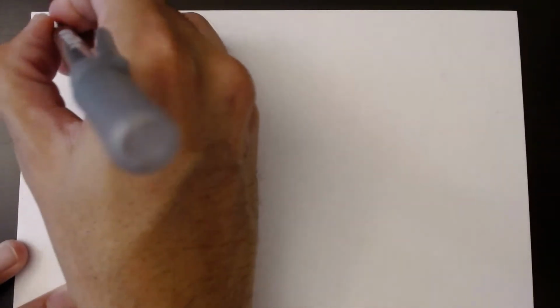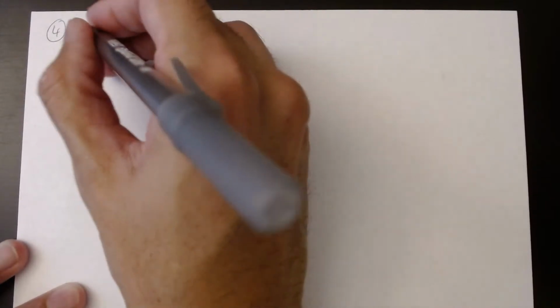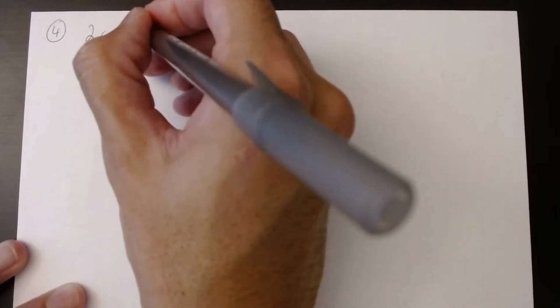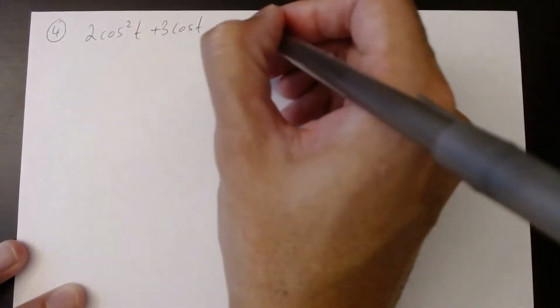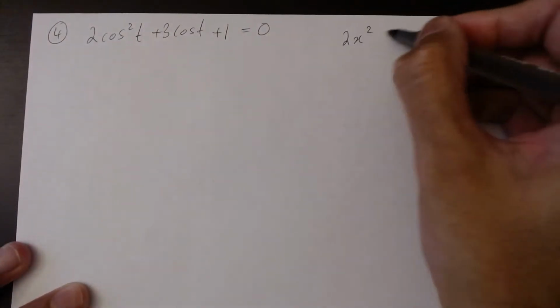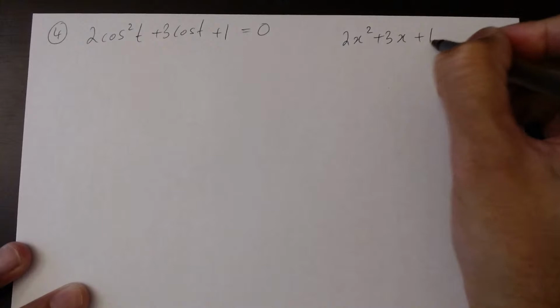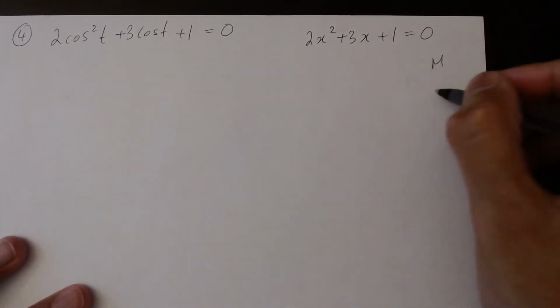Let's go to the fourth question. The fourth question is a trinomial. 2 cos squared t plus 3 cos t plus 1 equals 0. So I'm just going to write this as a regular trinomial on the side. I'll replace my cos t's with x's. So this is the same as 2x squared plus 3x plus 1 equals 0. I'll solve this with my method.